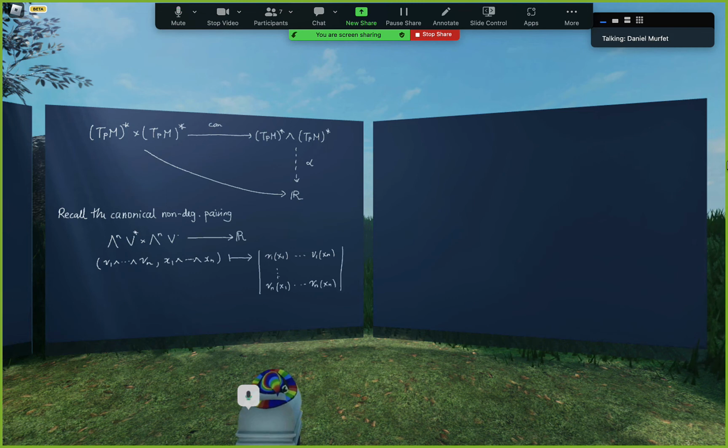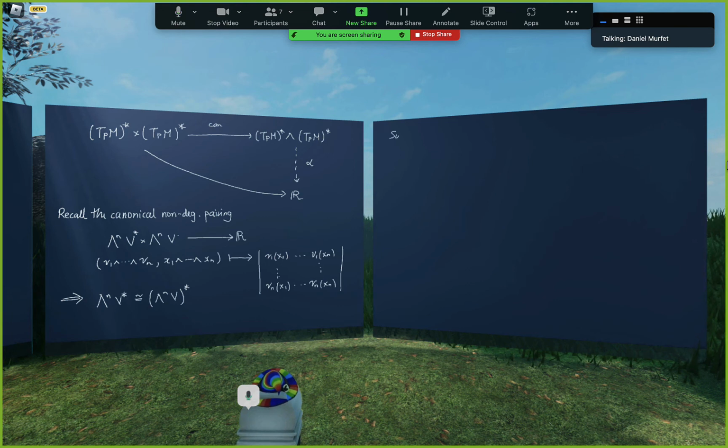So evaluate all the forms on all the vectors, and then take the determinant. Now, since that's a non-degenerate pairing, that's where the isomorphism between the wedge product of V star and the dual of the wedge product of V comes from. It's the adjoint of this map. Okay.